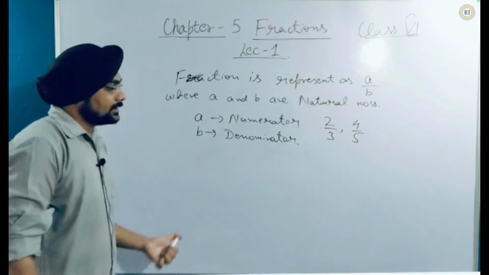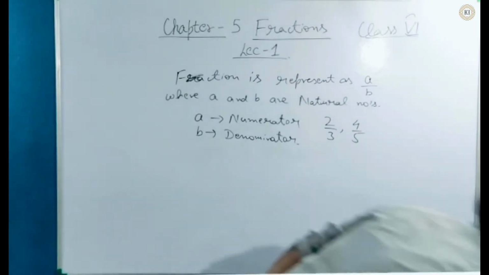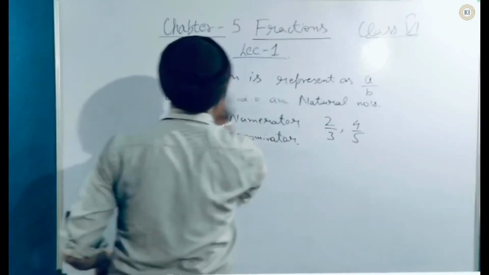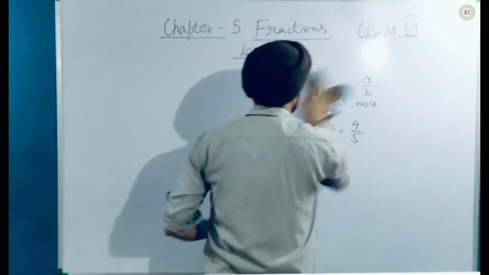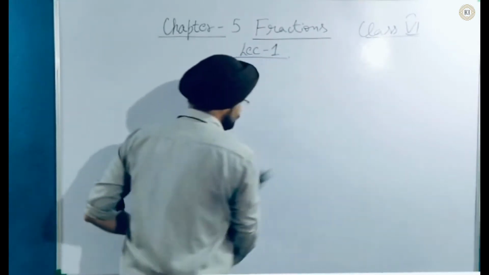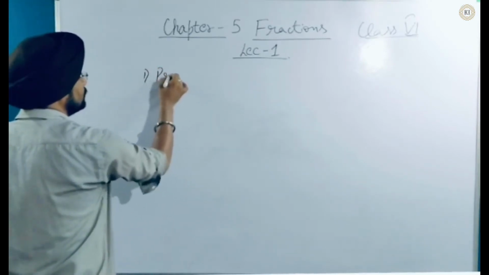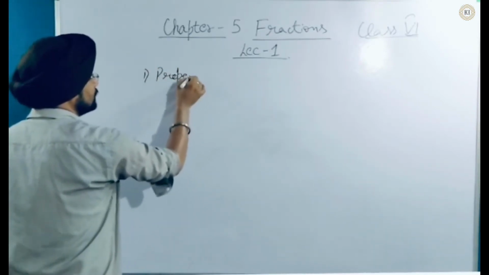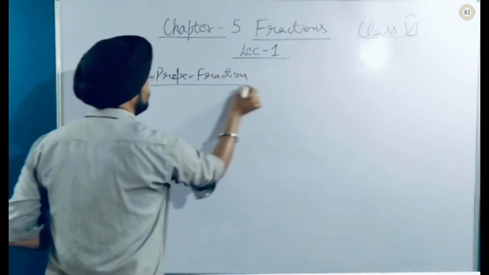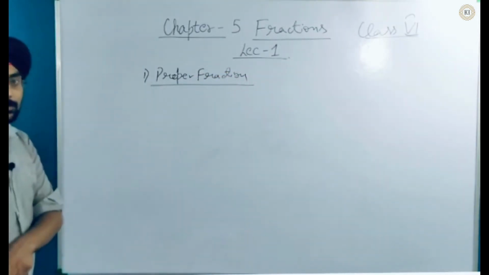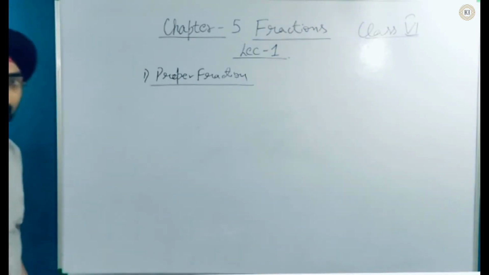Now there are some types of fraction which we are going to study here. Next topic is types of fraction. First is our proper fraction. A proper fraction means a fraction in which the numerator is always less than the denominator.